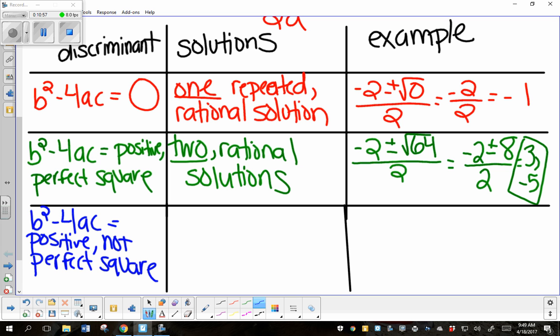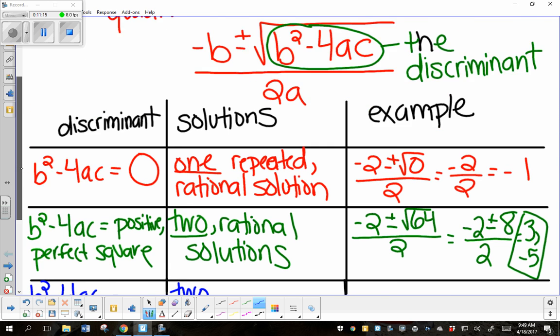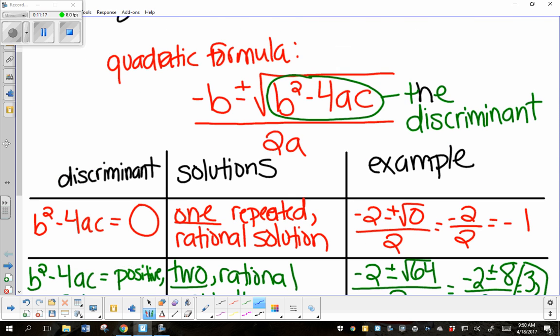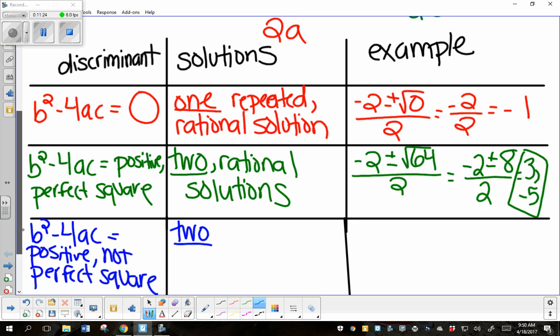I'm saying whatever's in the square root is positive. We're still going to get 2 solutions because we're still adding or subtracting something, like the square root of 15 over 2a.